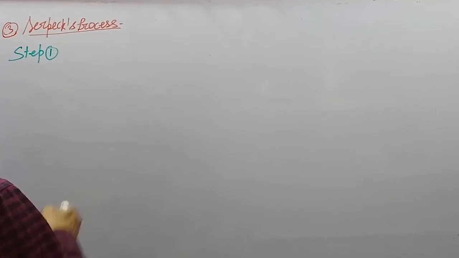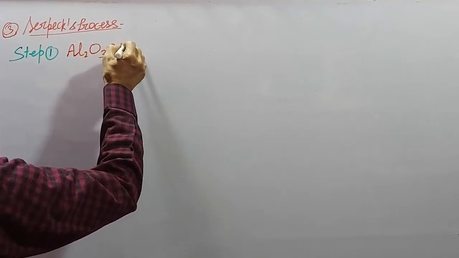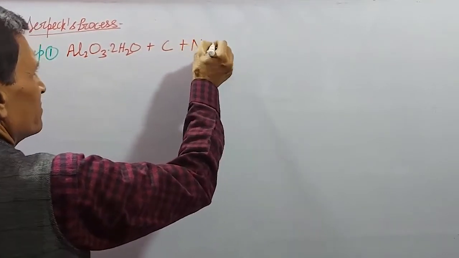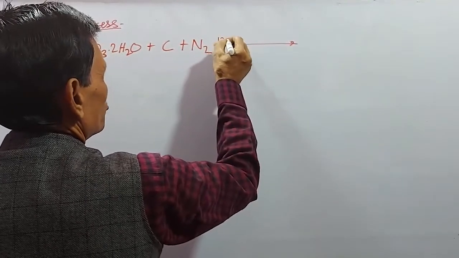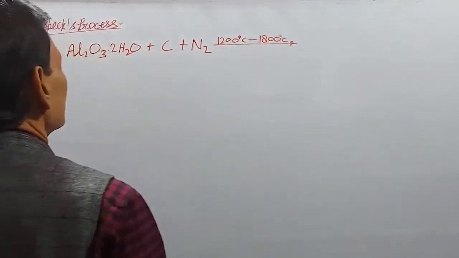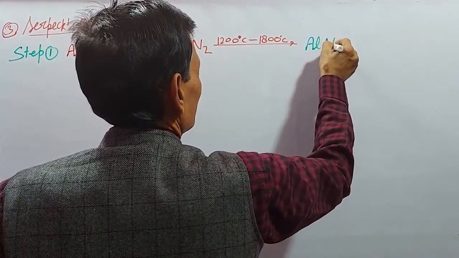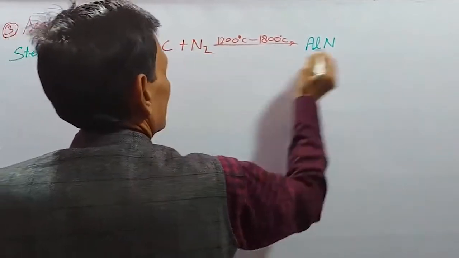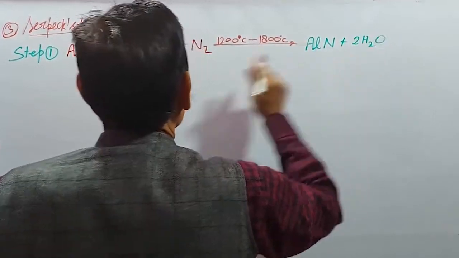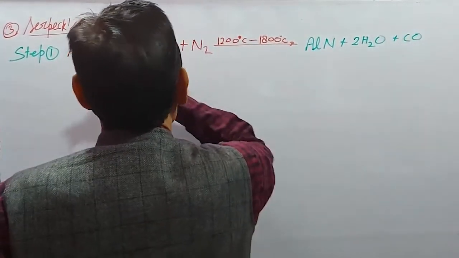In this step, aluminium oxide, means that is bauxite, mixed with coke and heated in nitrogen atmosphere at about 1200 degrees centigrade to 1800 degrees centigrade, to convert this Al2O3 into aluminium nitride, and water is removed as water vapor, 2H2O, and carbon will oxidize to carbon monoxide.